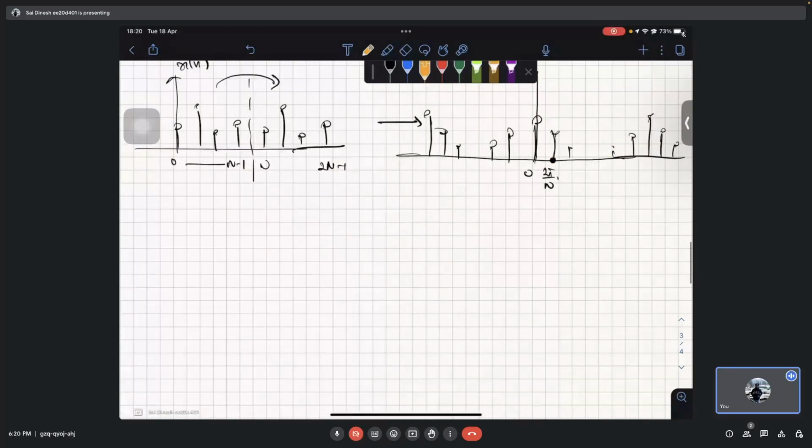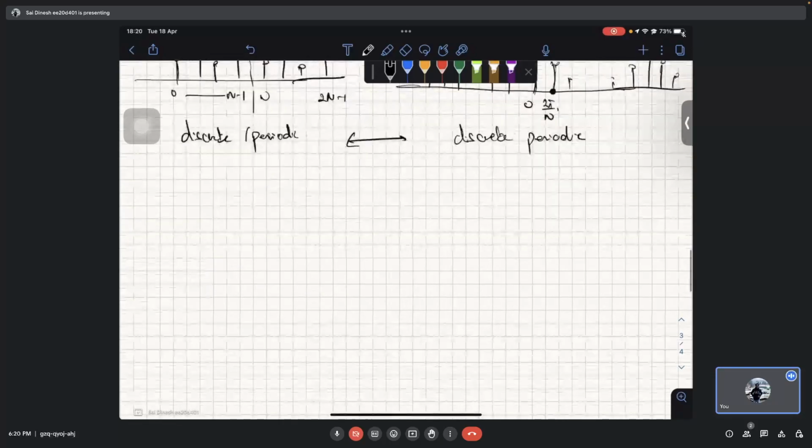So now it is discrete and periodic, and here also it is discrete and periodic.